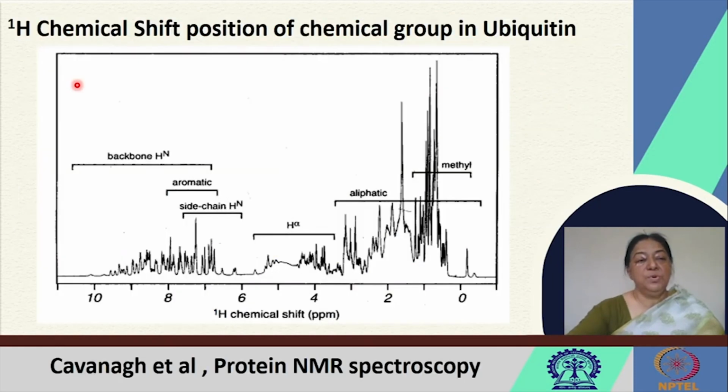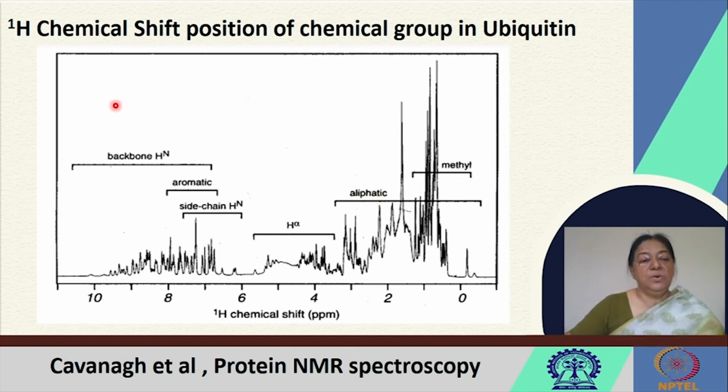When we look at the protein chemical shifts, we can see the proton chemical shift position of a chemical group, say in ubiquitin. Now, if we look at the specific types of protons that are present in proteins, these are the different types of protons that we see.